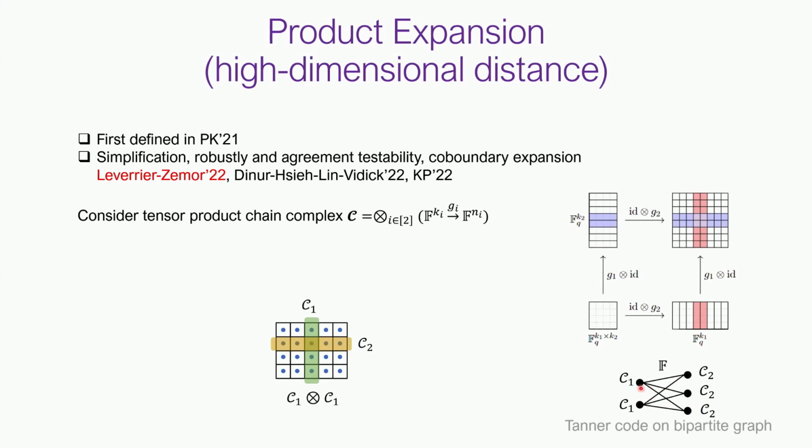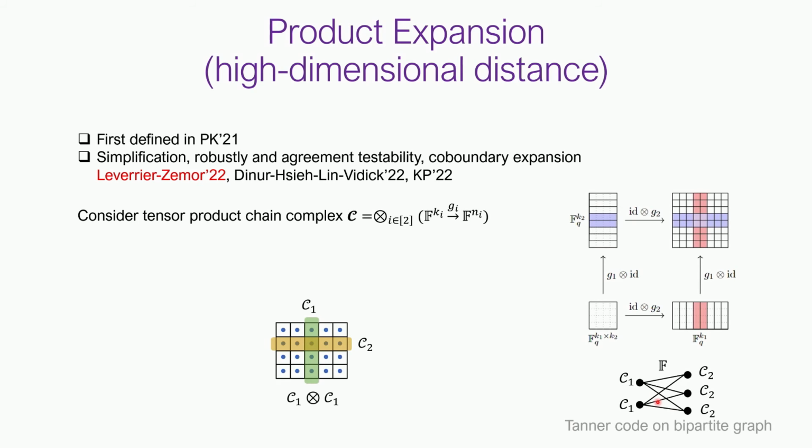In the standard setting, C1 and C2 are just repetition codes. In this case, if we apply this idea of expansion, we obtain just a standard Cheeger constant.